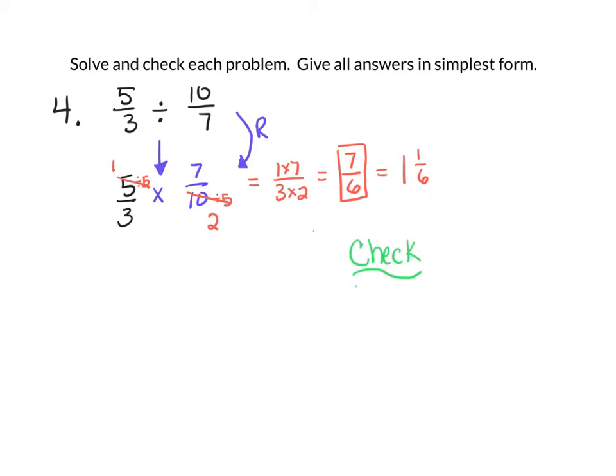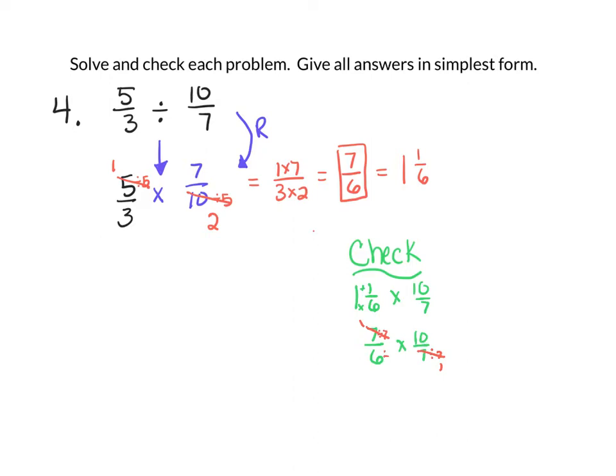So I'm going to take that 1 and 1/6, my answer, and I'm going to multiply it by 10 over 7. I need to first change it into an improper fraction. So I have 6 times 1 is 6, plus 1 more is 7. So I have 7/6 times 10/7. Now I'm going to cross cancel because I can divide by 7, which gives me 1.